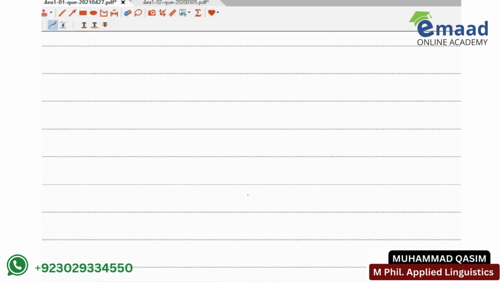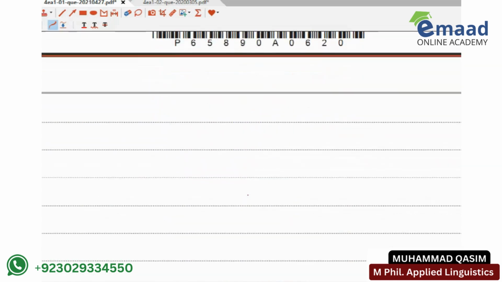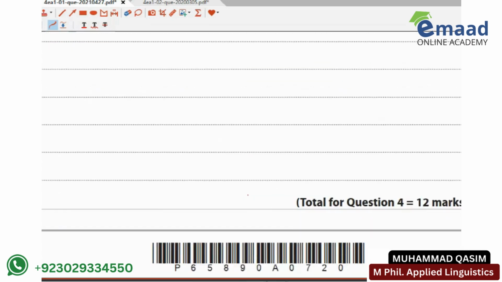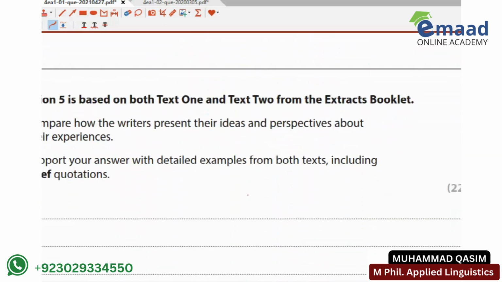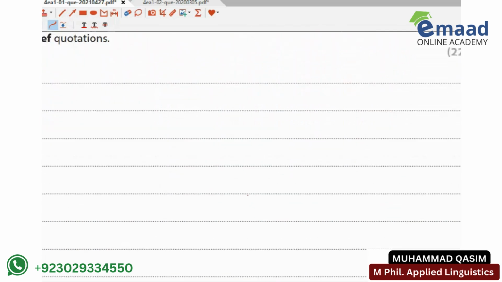Then question 5 in the reading section of Paper 1 is a comparison between the 2 texts. Compare how the writers present their ideas and perspectives about their experiences. You have to compare the ideas and perspectives of the writers in both texts.